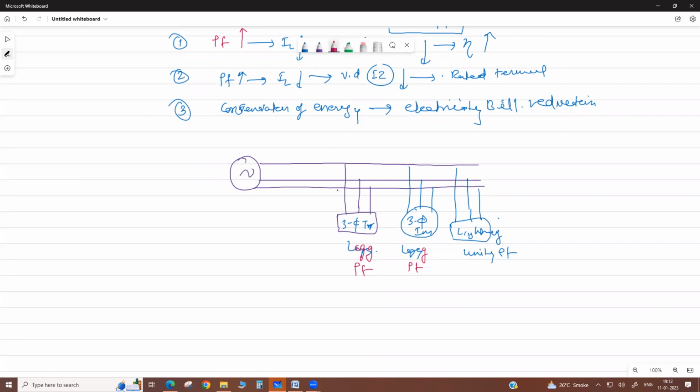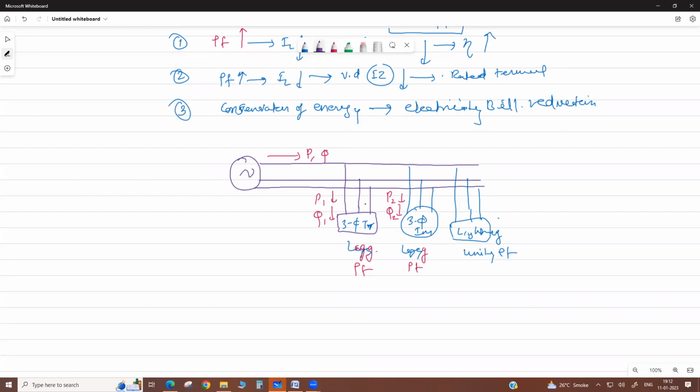They draw both active and reactive power. This motor requires active and reactive power, and your alternator fulfills the demand. Suppose load 1 takes P1, Q1 and load 2 takes P2, Q2. Then this alternator supplies active and reactive power.